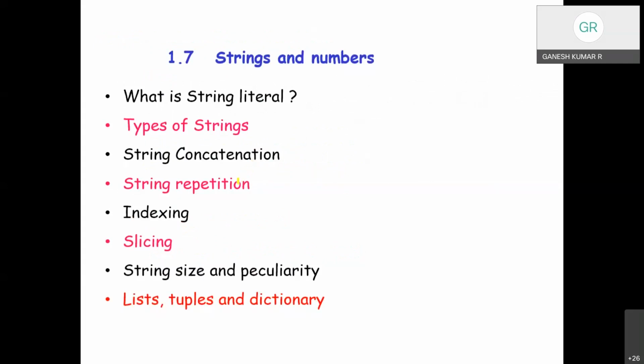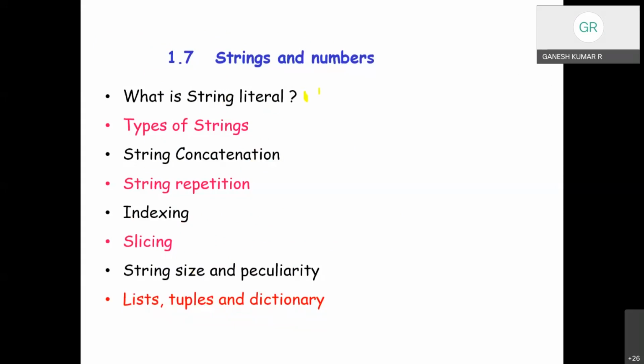Now it is time to return to two basic arithmetic operators, addition and subtraction, in strings. Now let us understand how to handle strings. Here I am going to explain the string literal.